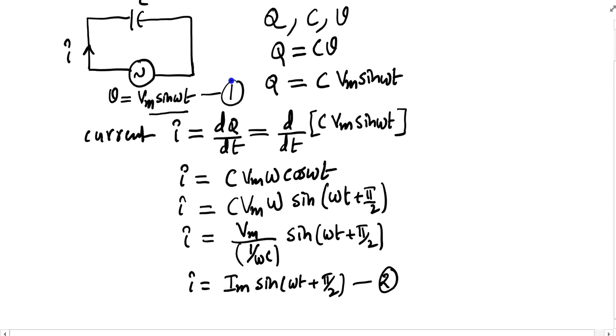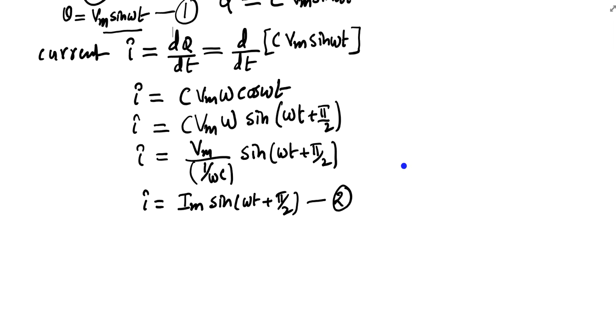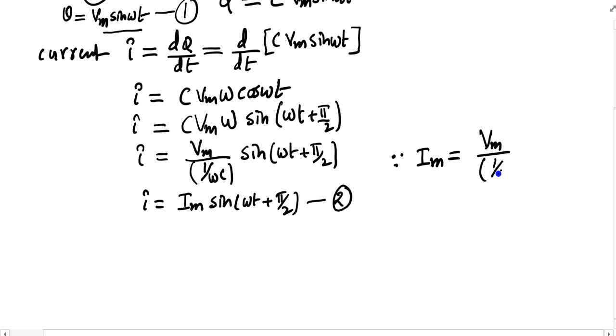These two are the voltage and current instantaneous equations. But what is my Im here? Im is equal to Vm by 1 by omega C.